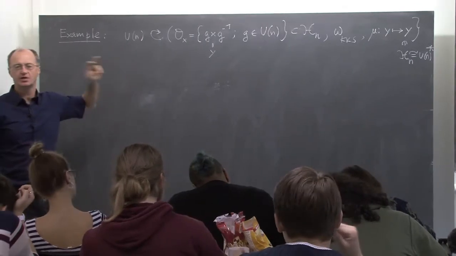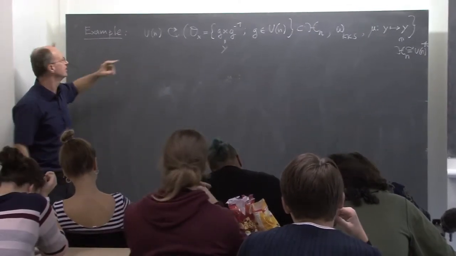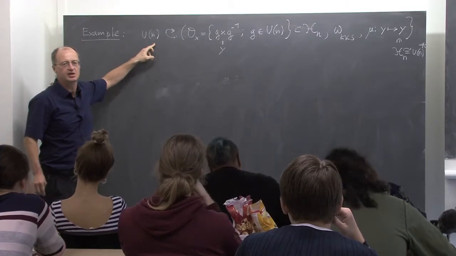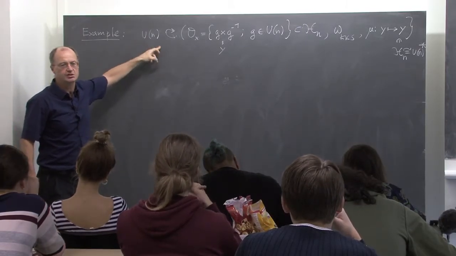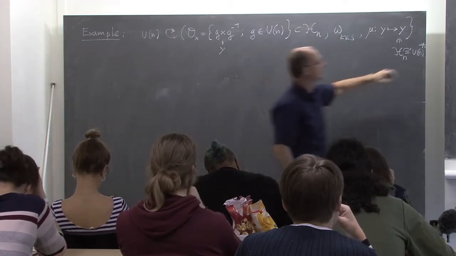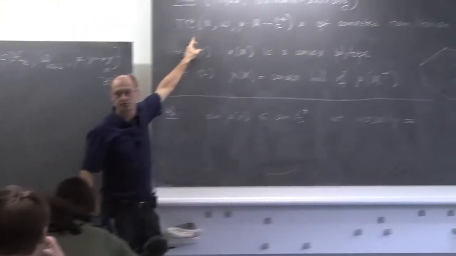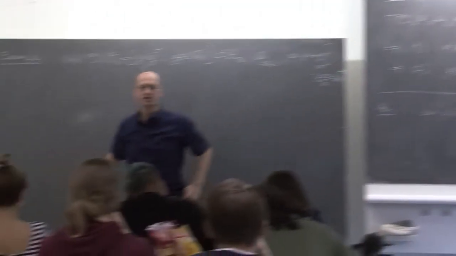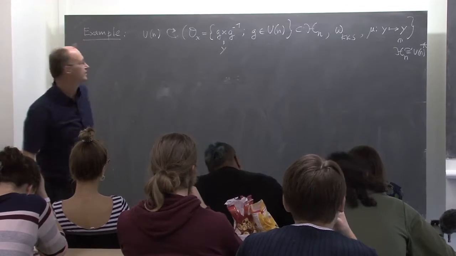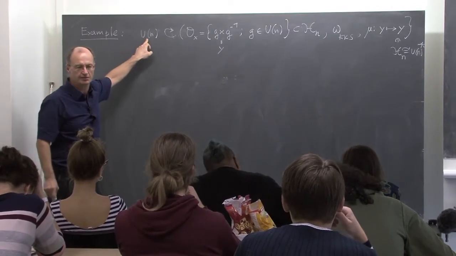Maybe now, if you were not that sleepy and I was not that sleepy, we would notice that it's a strange example that I'm suggesting to you, because here we stated the theorem for torus actions, and now I start talking to you about Hamiltonian spaces for the action of U(n), right?